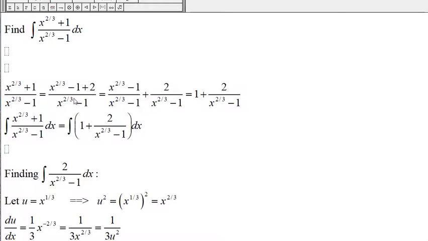And then this expression can be rewritten as (x^(2/3) - 1) over (x^(2/3) - 1) plus 2 over (x^(2/3) - 1). This will be 1 and then plus 2 over (x^(2/3) - 1).